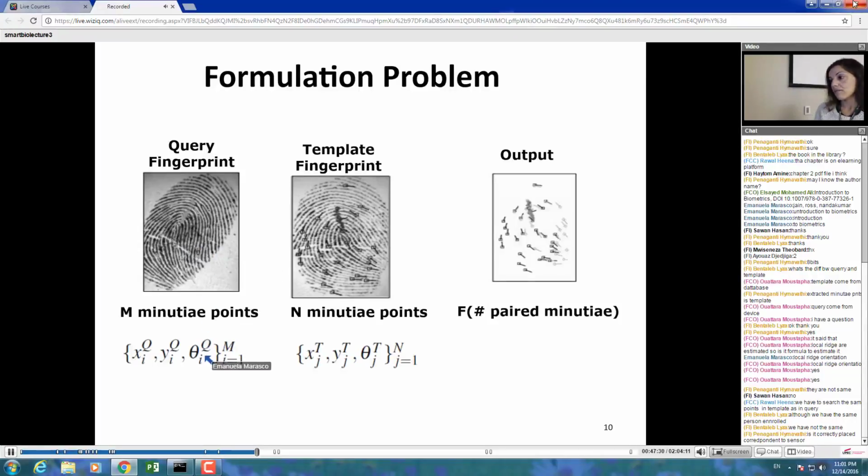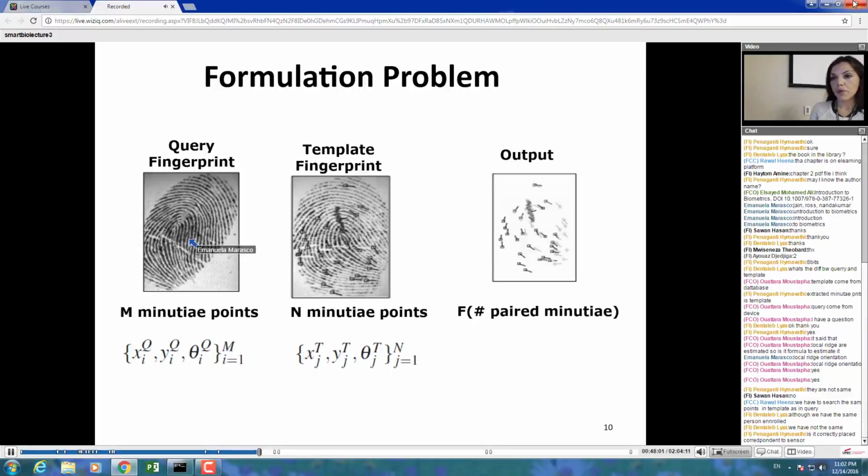And then the theta in each minutia point won't be exactly the same as in the template. So there is a rotation. And the matching system should take into account this possible rotation due to differences in acquisition, if the matching is robust. This is what we want. We are going to see how it's robust.